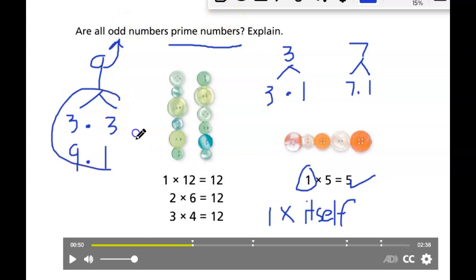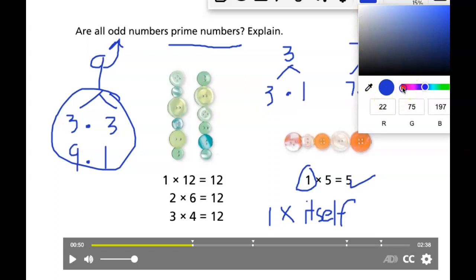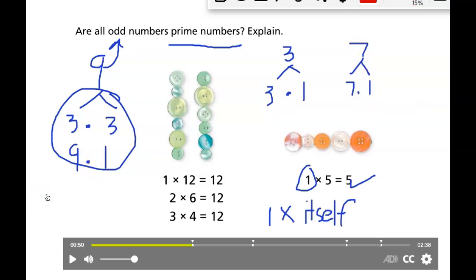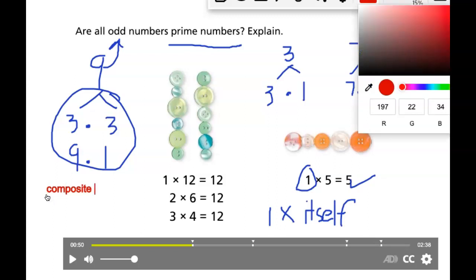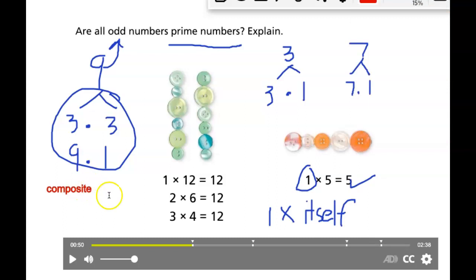What do we call this number? Anybody? If it is not prime, it is a? Alright, it's a composite number. Okay, we call it a composite number. And the other one is a prime number. You don't switch them around, guys, okay?